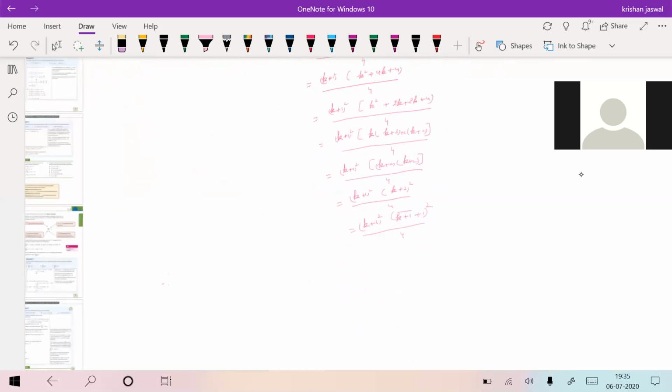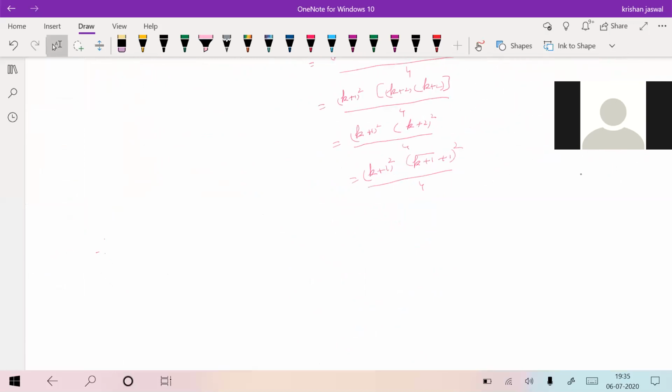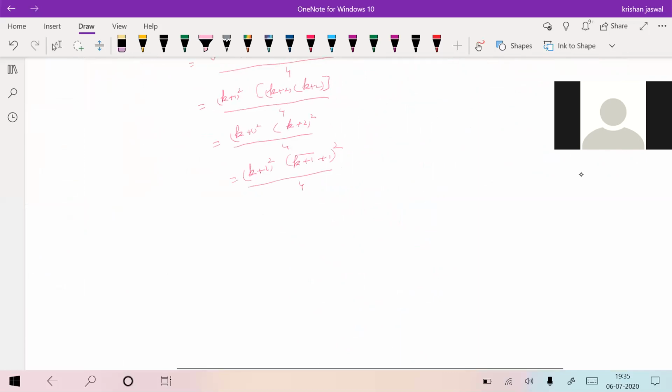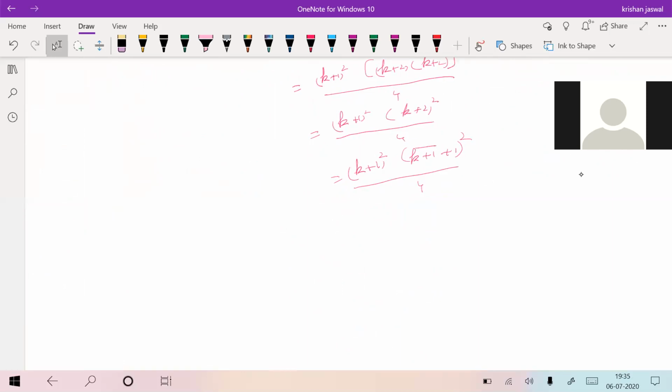Therefore, result 1 is true for n is equal to k plus 1. These are the 2-3 steps that we will write at the end, the same steps.